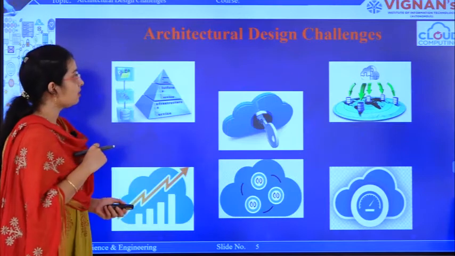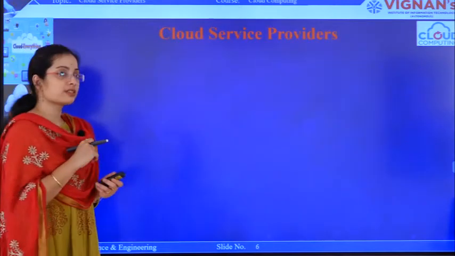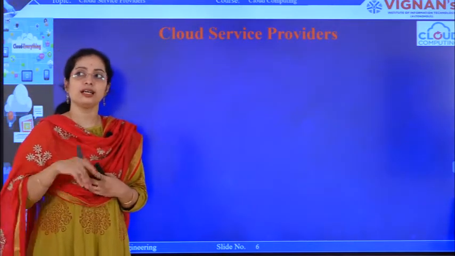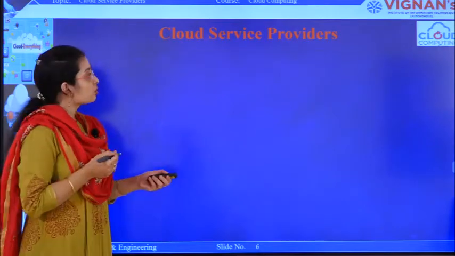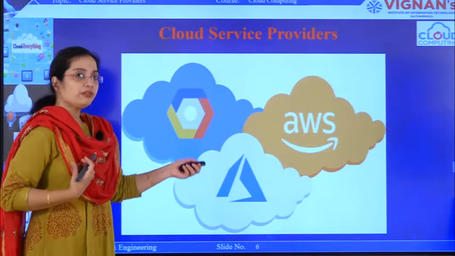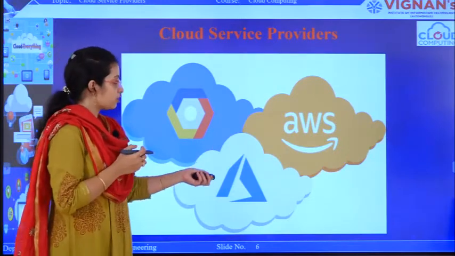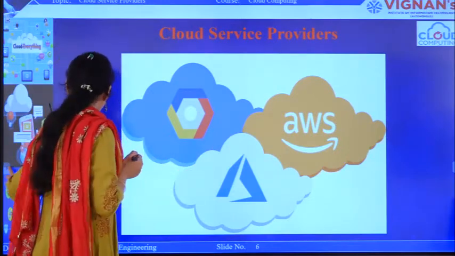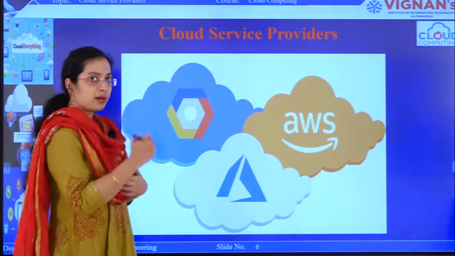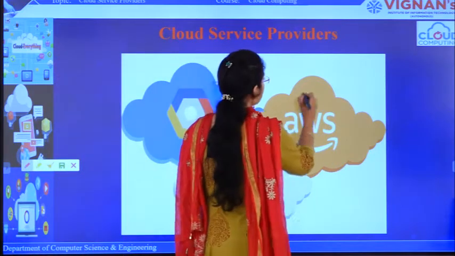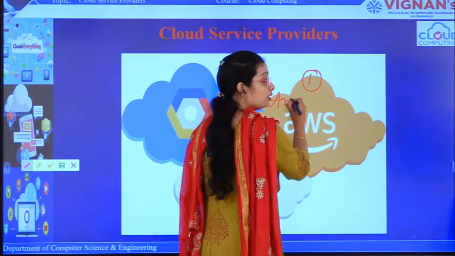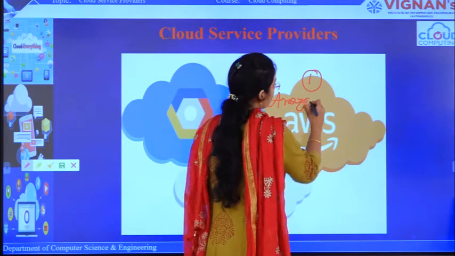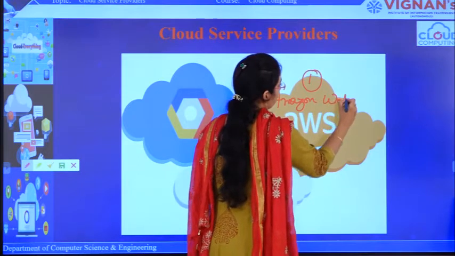And next in this chapter, we are going to discuss the real-time cloud service providers available to the user. Let us have a brief overview here. The first service provider available to the user in the market is Amazon Web Services.